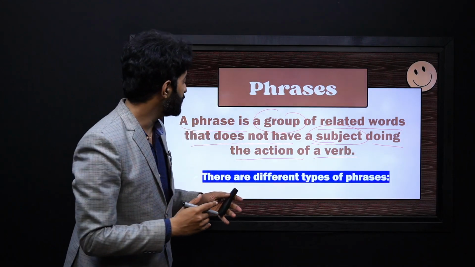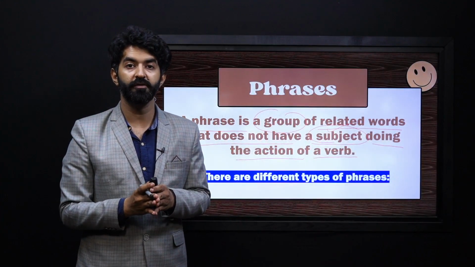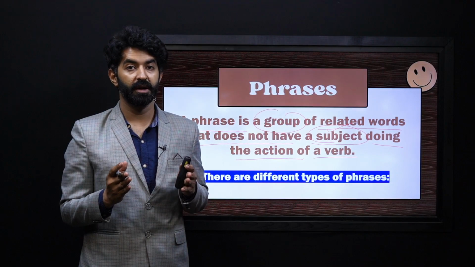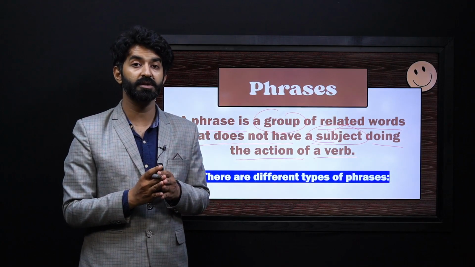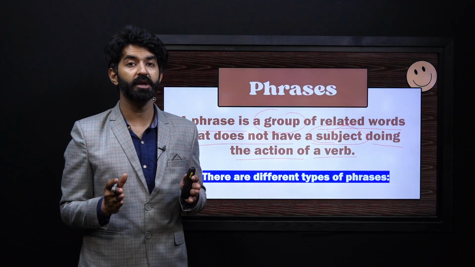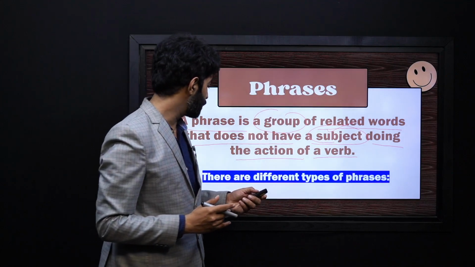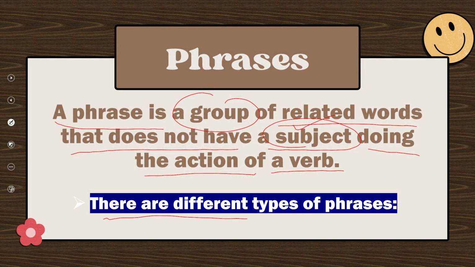Now let's see that it does not have a subject doing the action of a verb. So whenever you see a phrase, you can easily identify that if a group of words is written without any subject, we can say it's a phrase. Let's see that there are different types of phrases.